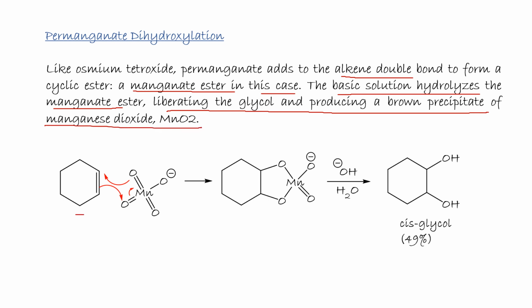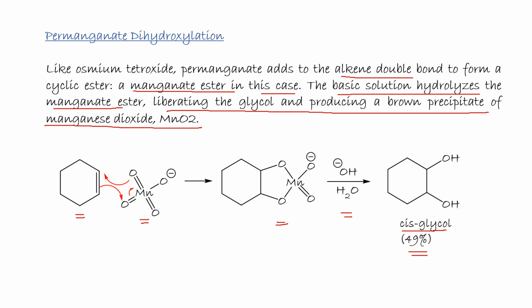So we have cyclohexene with potassium permanganate. We get the manganate cyclic ester, which opens with hydroxide to form cis-glycol in 49%.